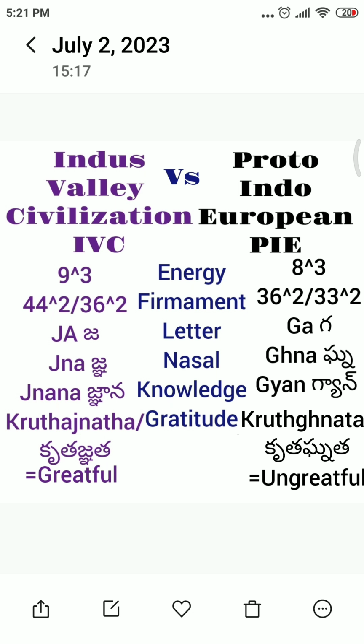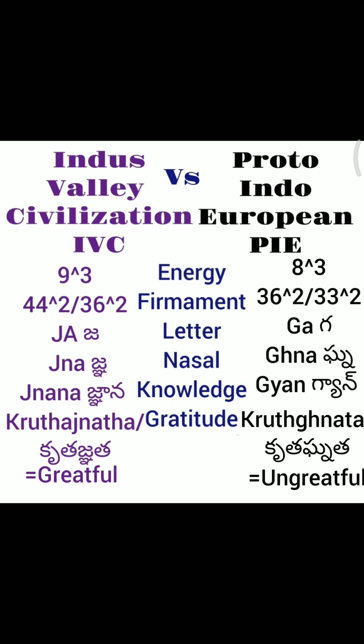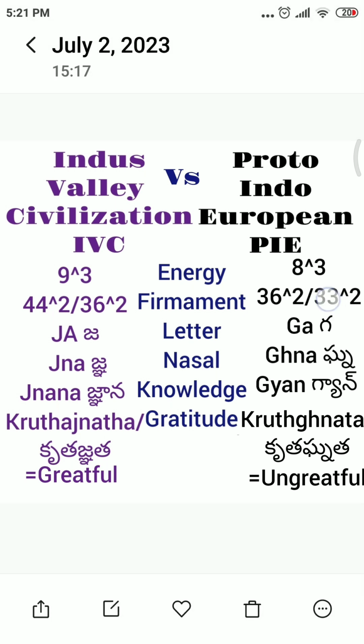So which can be seen from the following examples. Naturally we know that the energy of Indus Valley civilization is 9 cube, and Proto-Indo-European civilization is at 8 cube, as 33 belongs to Pi. 3 into 11, that is 3-eyed.